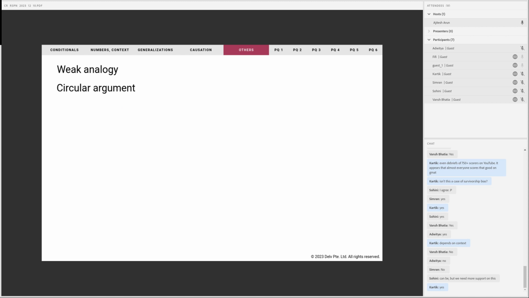Circular arguments. So in circular arguments, you're basically, so how would we put this? Your conclusion is actually the entire support, or it is part of the support. People have a different way of looking at circular arguments, but this is how we normally look at circular arguments in our classes. So if somebody says that Ferraris cost a lot of money, and therefore Ferraris are expensive, that's a circular argument.